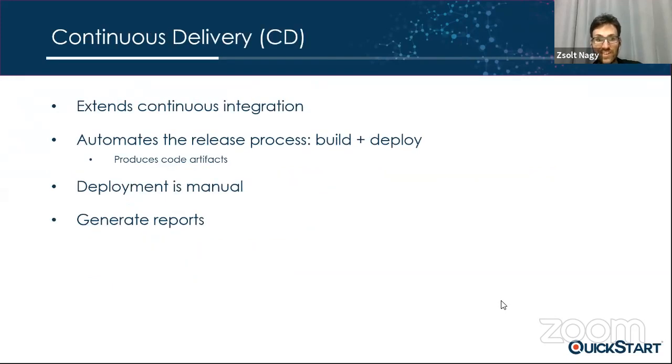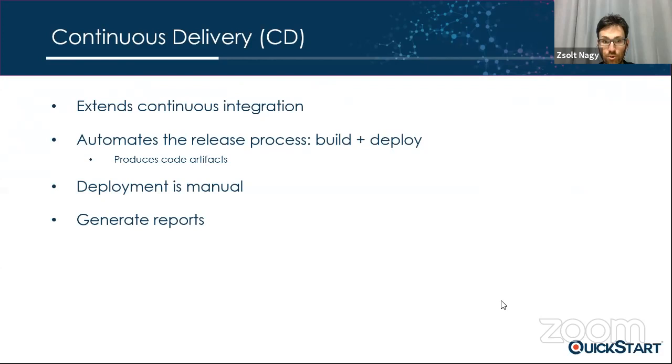And using our knowledge of the artifact, we can now jump into continuous delivery, because CD, continuous delivery, is an extension to continuous integration, because once we integrated the code, which means that we got back to the main branch, the release process of the code, so building and deploying, can be automated. And this is continuous delivery, the automated delivery of the application code, the artifact that we build, and the delivery itself includes the deployment as well.